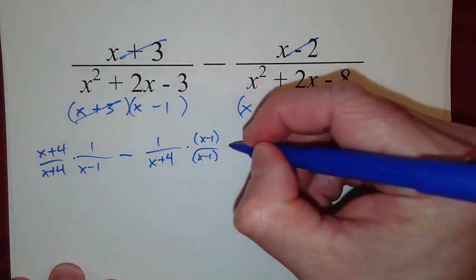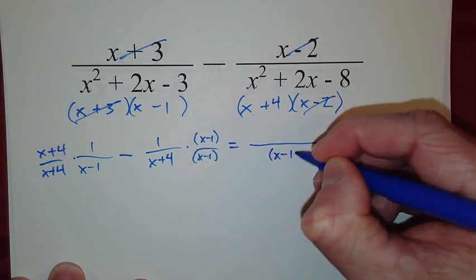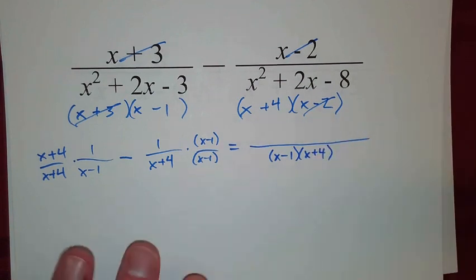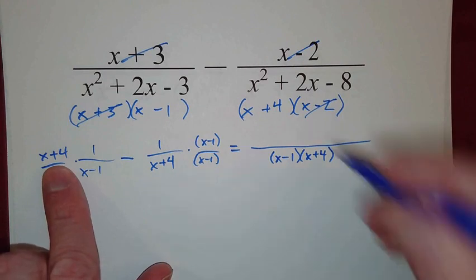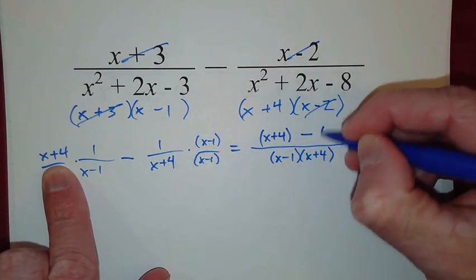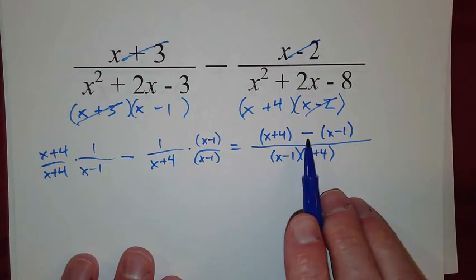So now when I do this, my common denominator is x minus 1 times x plus 4, if you want to FOIL that out, go ahead. I don't. And I've got x plus 4 minus x minus 1. As I mentioned in the previous video, watch out for this.